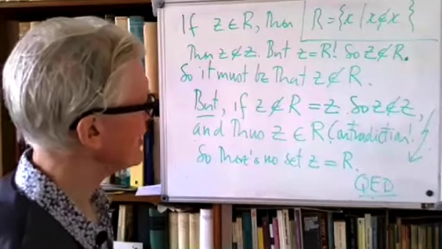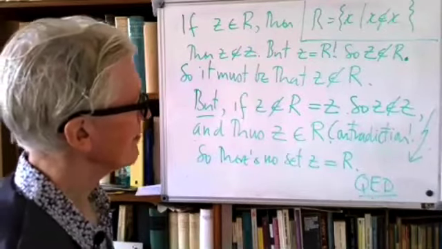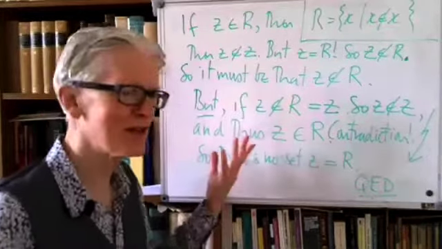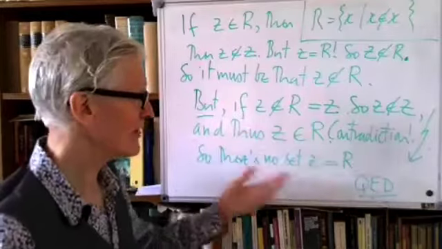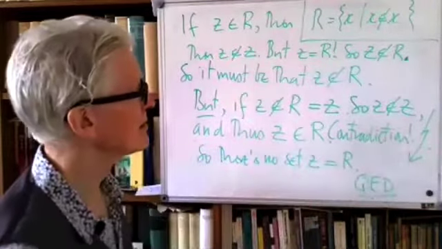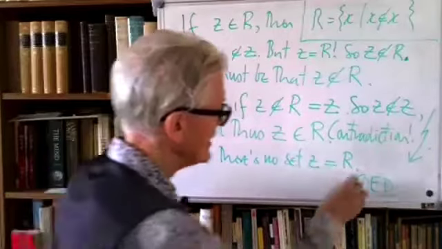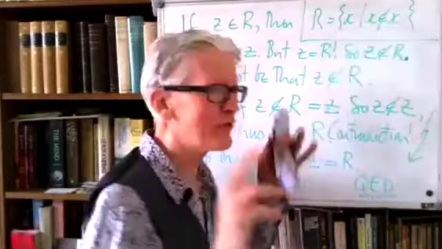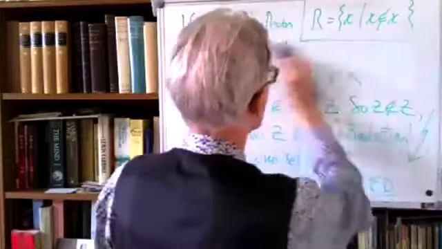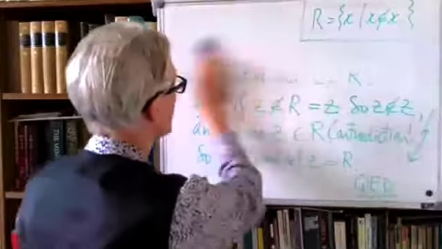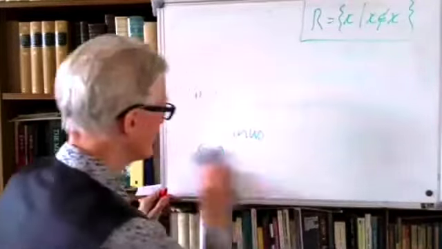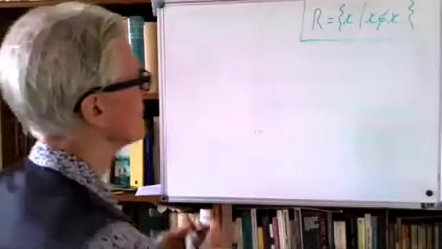So the realization was that we've really got two kinds of objects floating around here. If we have sets, we're going to have classes. And we're going to have things like R right here, which can't be sets. So these classes, we'll call them proper classes because they're not sets. So the moral of the story is we have to deal with proper classes.